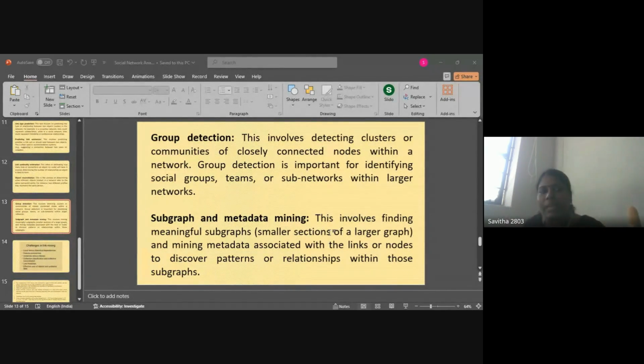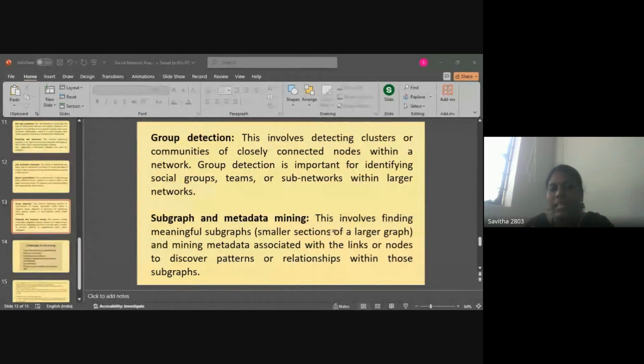So examining these types of sub networks over a larger network, or a subgraph, that is called subgraph metadata. That means when a larger data group or larger network is available, inside that larger network, when a person is interacting with different roles of communication, these roles individually we split and make a subnetwork or a subgraph.